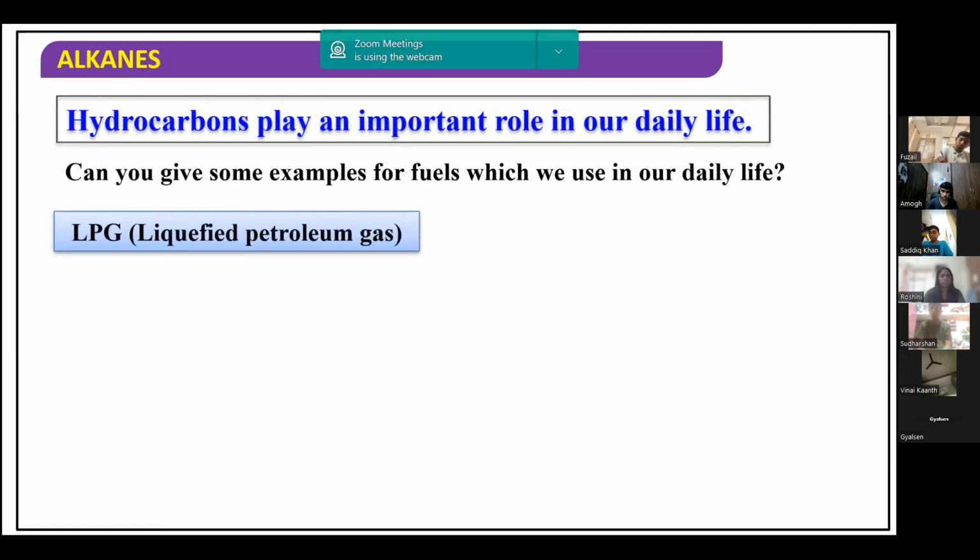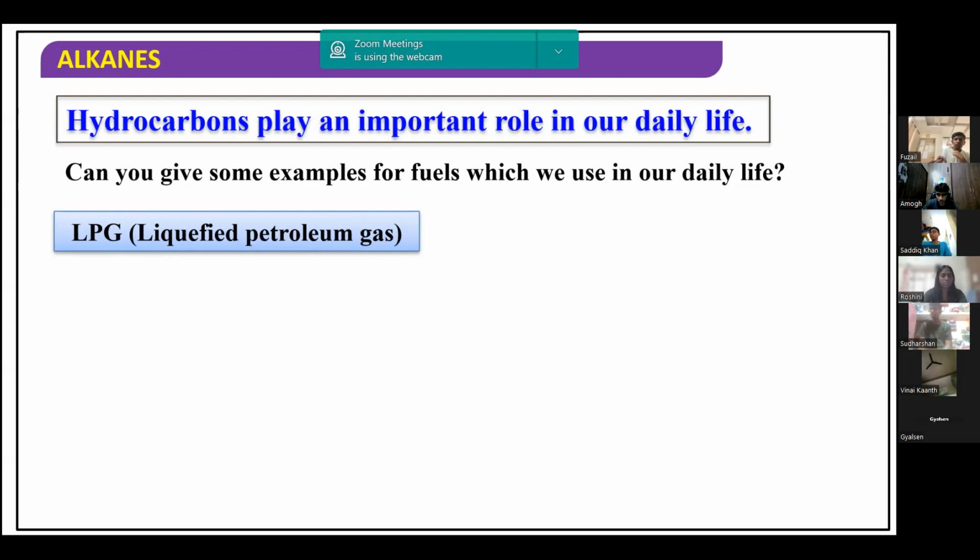Hydrocarbons can be used as fuels because when we burn them, they liberate a lot of energy in exothermic reactions. Delta H is negative for such combustion reactions, and that energy can be easily converted into mechanical energy.